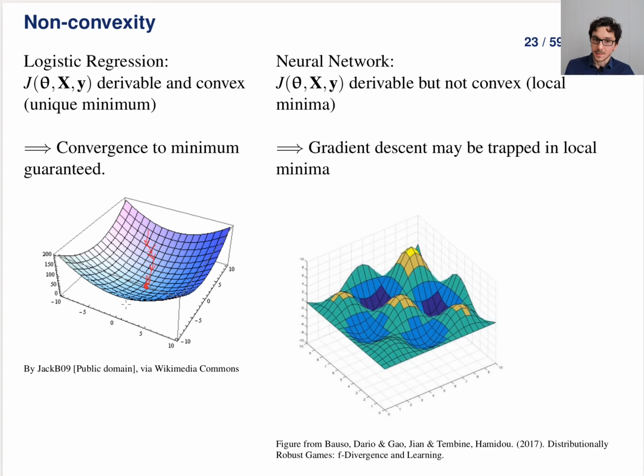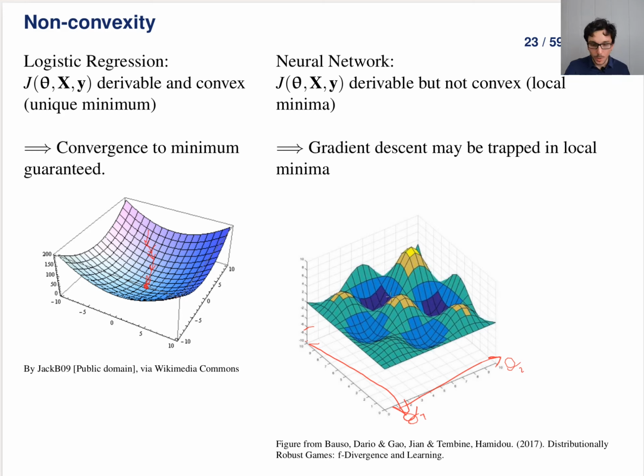In a neural network instead, the loss function is very complicated, because it is the result of a lot of layers, a lot of neurons. So the loss function, if we represent it in just 2 dimensions, where this is just one parameter theta 1 and this is just one parameter theta 2, looks something like this.